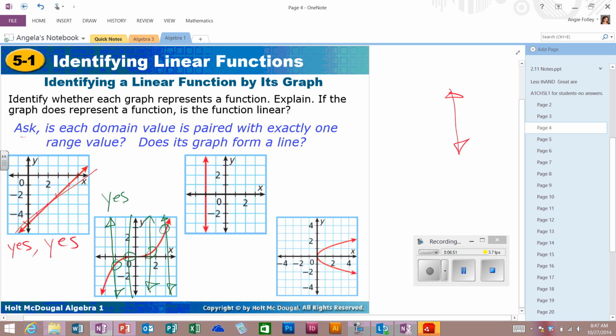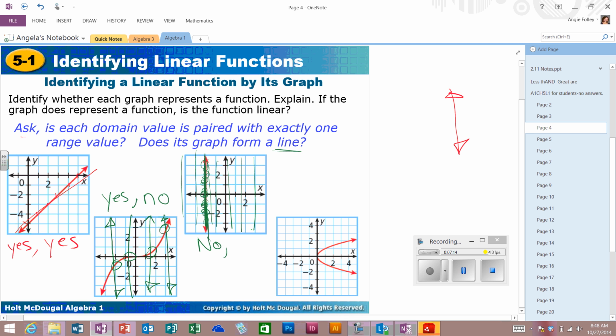Now, the second question, is it a linear function? Does it form a line? No, but it is a function. All right. Next one, if I draw a vertical line through this graph, well, look what happens. Right when I get over it, it overlaps it at a bunch of x values. There's all these x values that it's hitting at one point. So this is not a function.